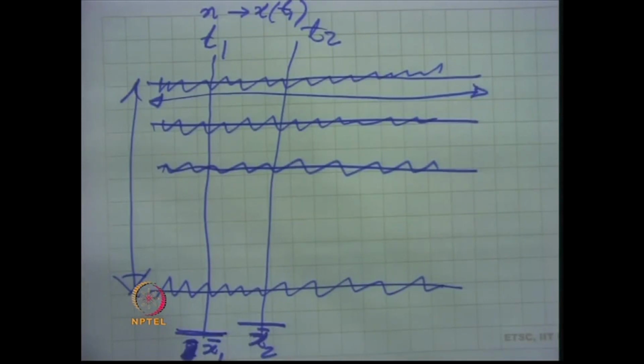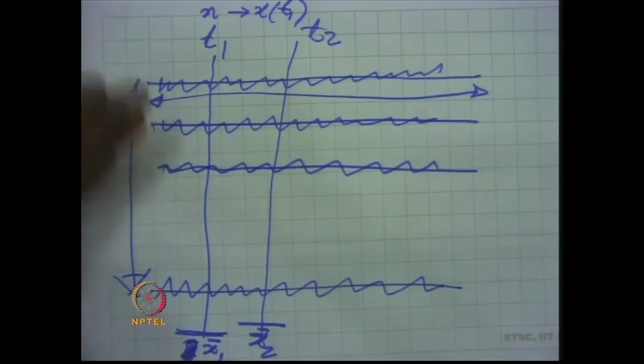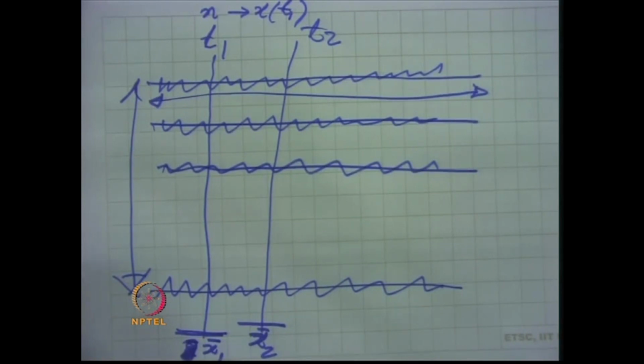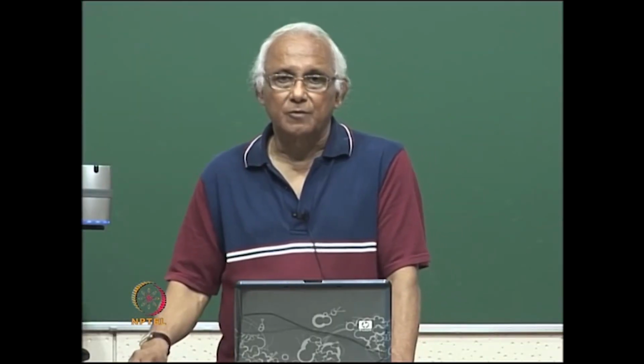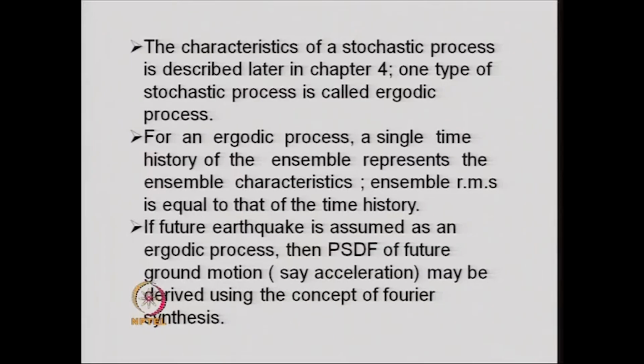So, therefore, if our intention is to look into the distribution of the mean square value of the process, then instead of considering all the samples, we can take any one sample out of the ensemble and look into its mean square value and then find out the distribution of that mean square value with frequency.